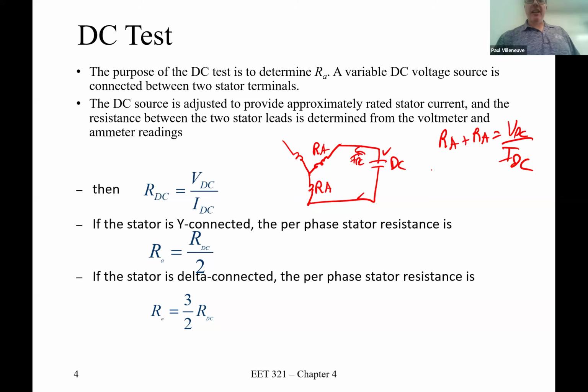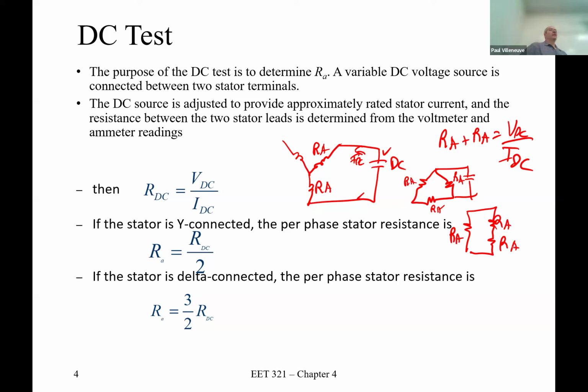If it's delta connected, and I do the same test, now what do I see? Well, I can see that I have an RA here, an RA here, and an RA here. Isn't that really looking like this? RA, RA, RA.